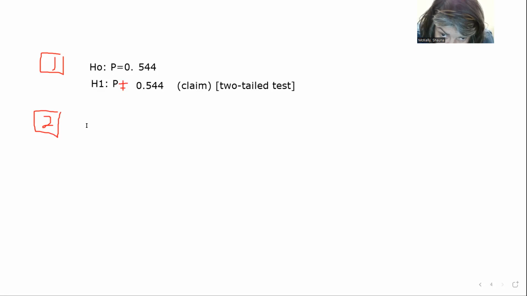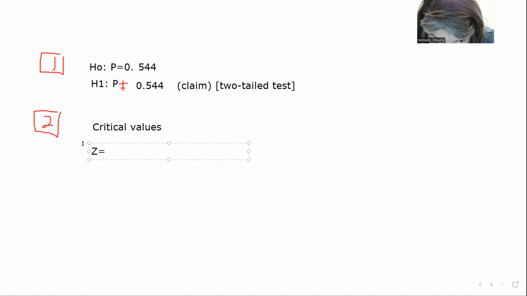Our test value, we're only going to have one, but we always have two critical values if our test is two tails. They're going to be z-scores, and they're going to be the following. I usually use the positive and then just make it plus or minus.